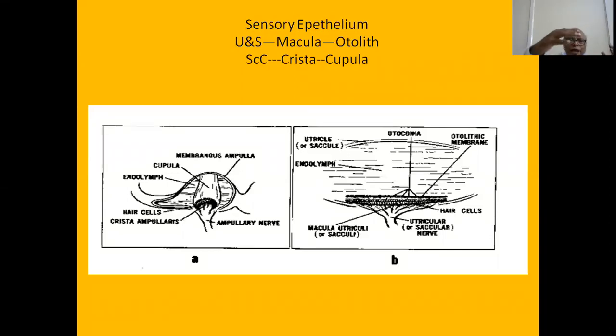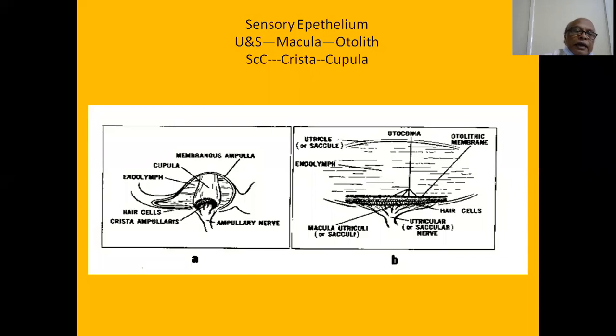Over the macula there is what is known as the otolith membrane, over which there are what are known as otoconia. Otoconia are the calcium carbonate crystals. Now, with the slightest movement of the head, these specialized structures get displaced and nerve impulses start.